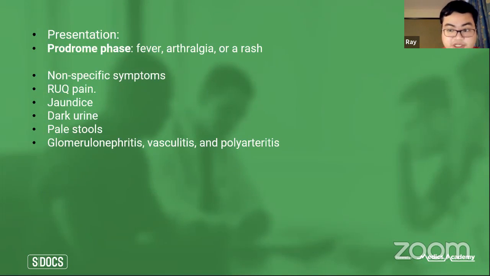Now, in terms of presentation, just like hepatitis A, you would have a prodrome phase, but this time it would be a fever, muscle pain, or a rash, and non-specific symptoms as well, such as nausea, fatigue, malaise, and other signs of liver failure, okay, or liver disease. But hepatitis B is different because it would cause extra-hepatic diseases such as glomerulonephritis, vasculitis, and polyarteritis.